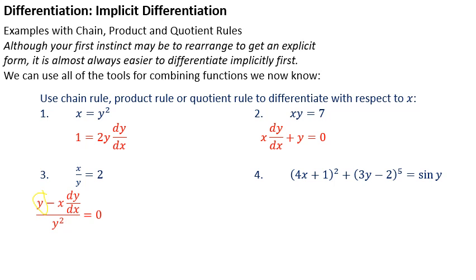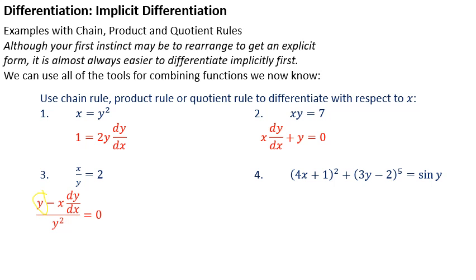One way to think of this is, how does y differentiate with respect to y? Gives a 1, and then we multiply by dy by dx. Alternatively, y differentiates to dy by dx. And then we divide by the bottom squared. And again, dy by dx doesn't appear there because we're not dividing by a derivative of anything, we're just dividing by the original denominator squared. And the right hand side differentiates to 0.